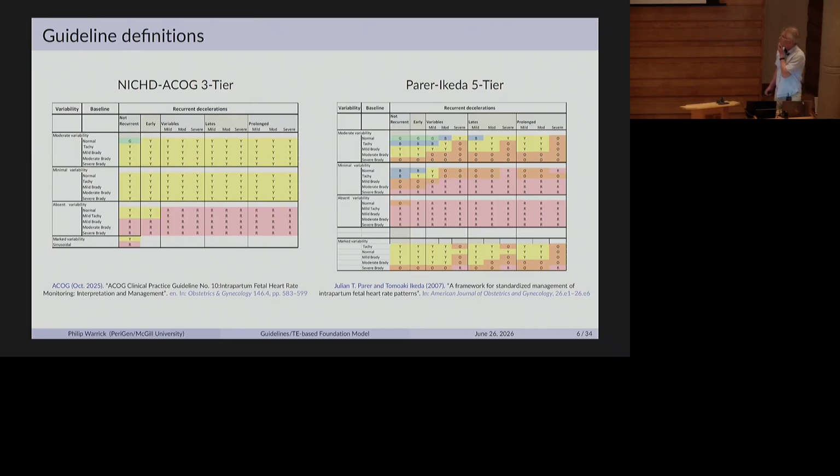Basically, the 3-tier categorizes into green, yellow, and red, whereas the Para-Ikeda 5-tier has the spectrum from green, blue, yellow, orange, red, and you see how each cell in this matrix corresponds to different kinds of features with different severities, and recurrence of decelerations is considered a stronger marker than a single event of deceleration.